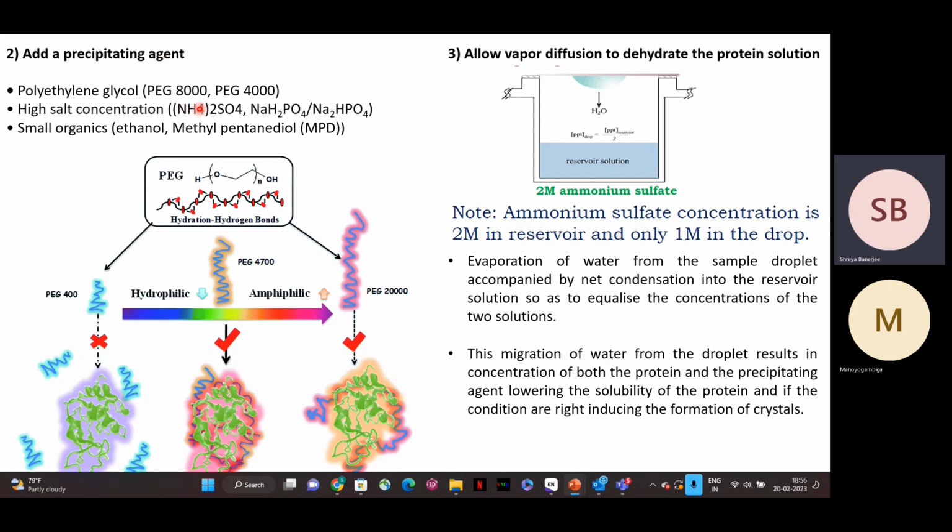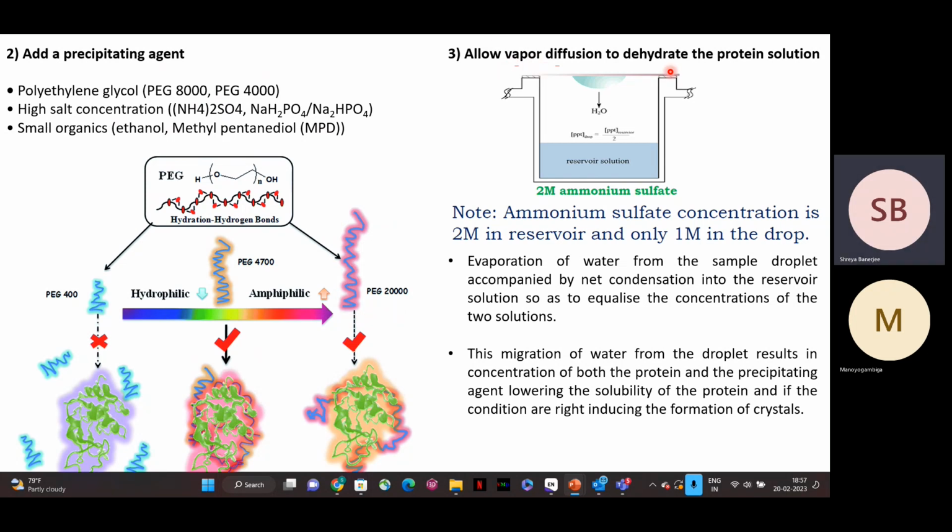Other than different lengths of polyethylene glycol, high salt concentrations can also be used, like ammonium sulfate or sodium hydrogen phosphate, or small organic molecules like ethanol or methyl pentanediol or MPD. The role of all this is basically to stabilize the protein molecule and enable it to crystallize out. For different sized proteins, different lengths of polyethylene glycol are used.